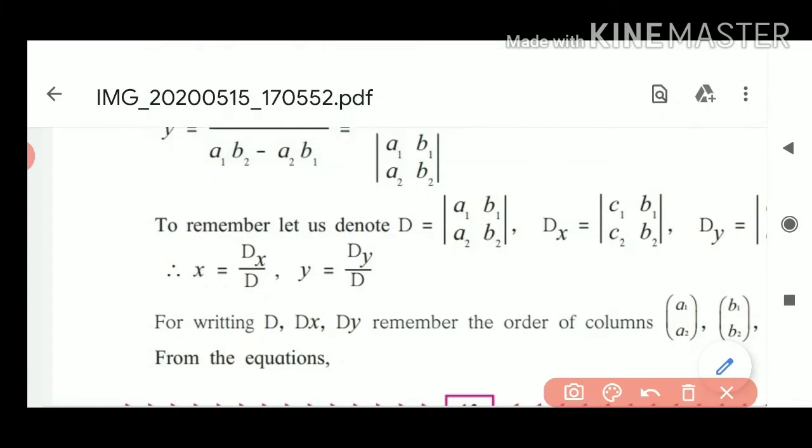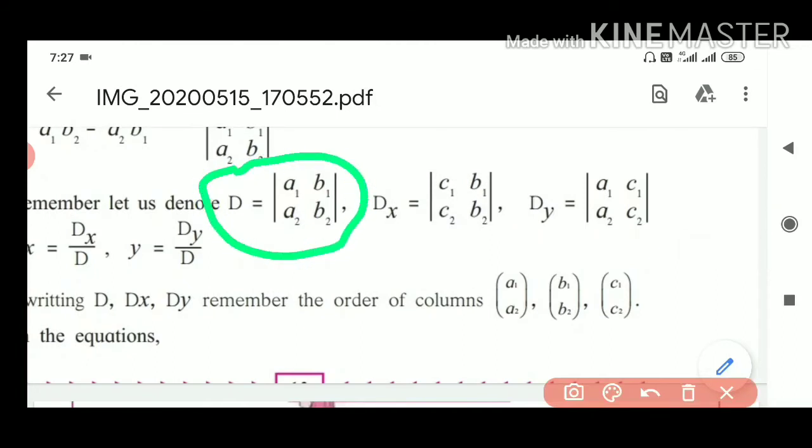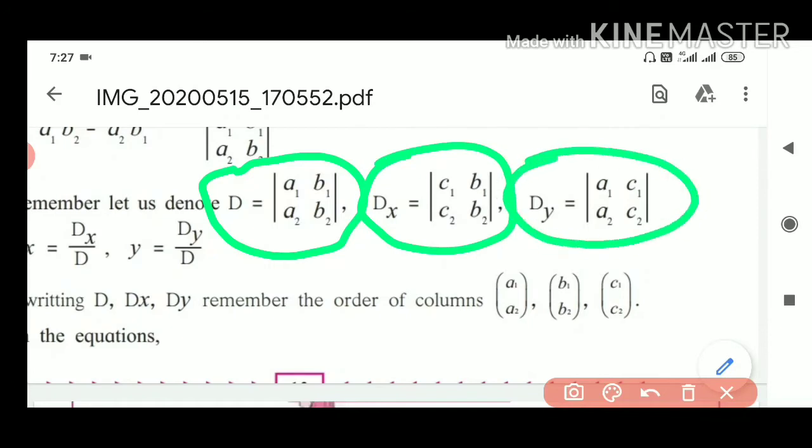In this way, see here, value of D, value of Dx and value of Dy.